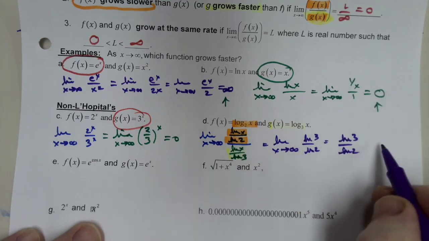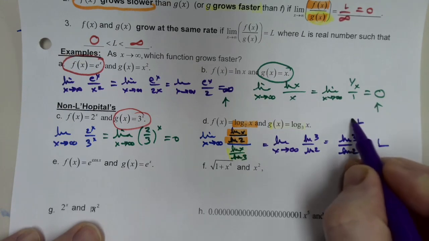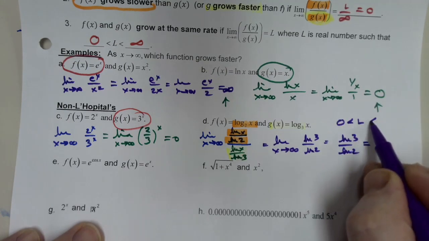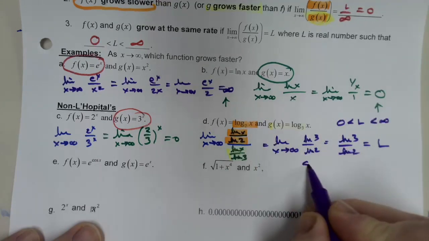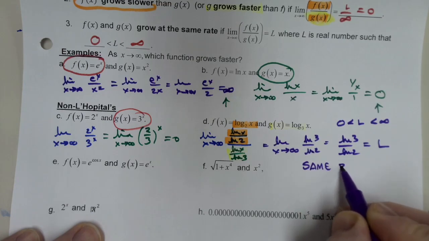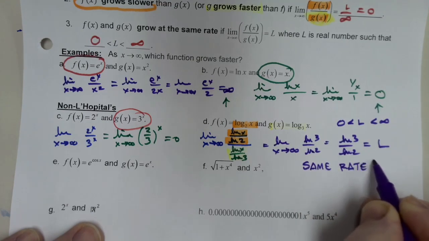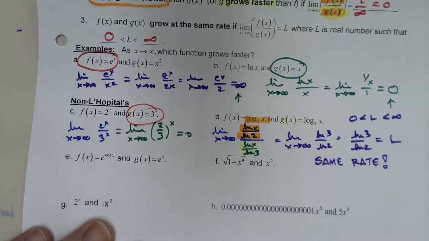They are a number, and that number is, of course, greater than 0 and less than infinity. Therefore, both of these grow at the exact same rate. Both of those functions grow at the same rate. Let's take a look at our next ones.